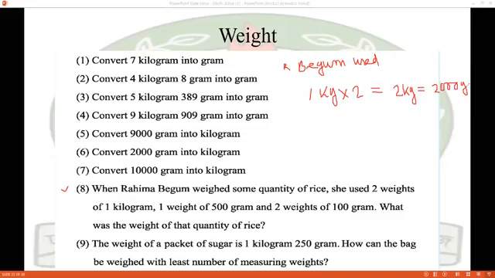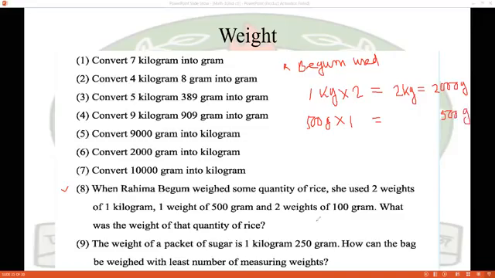Then she used 1 weight of 500 gram. So 500 gram weight into 1 will be 500 gram.